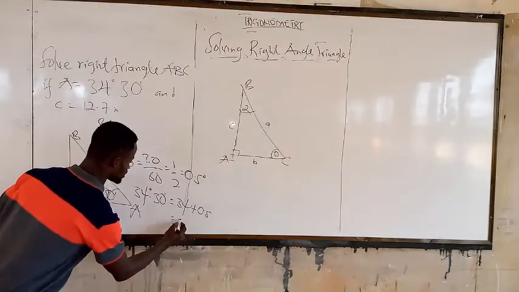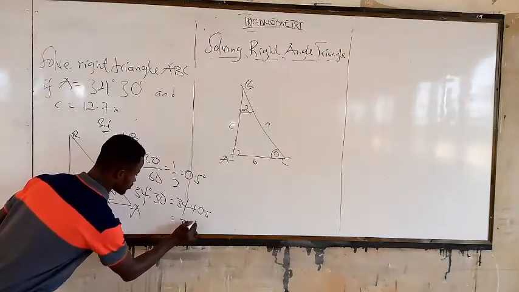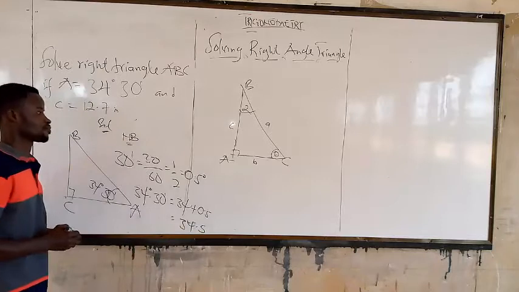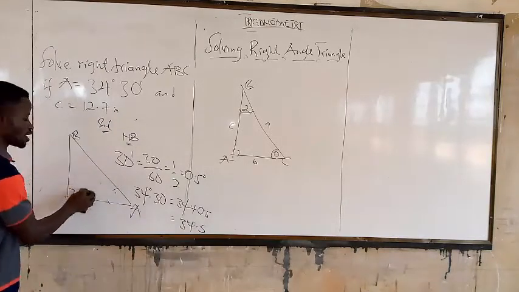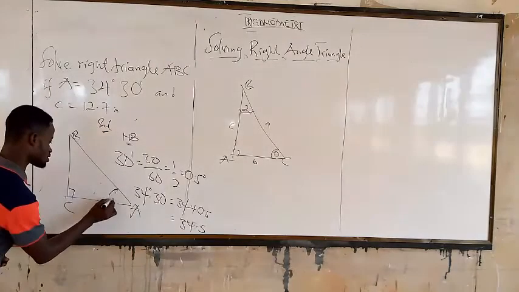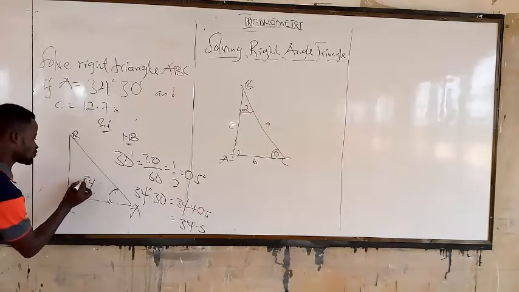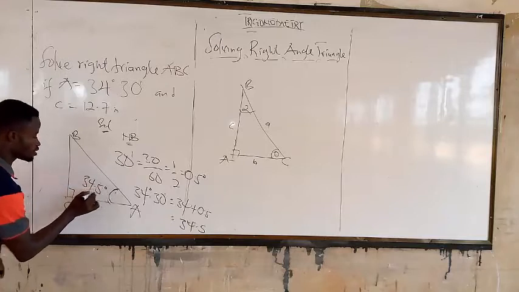I hope you can see that. So we know this angle A is the same as 34.5 degrees.